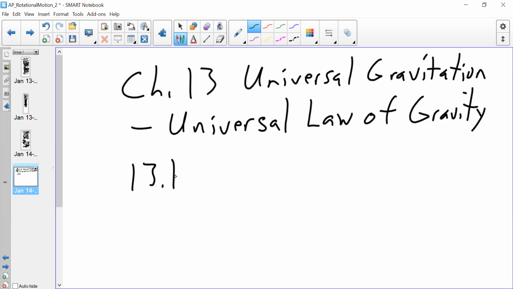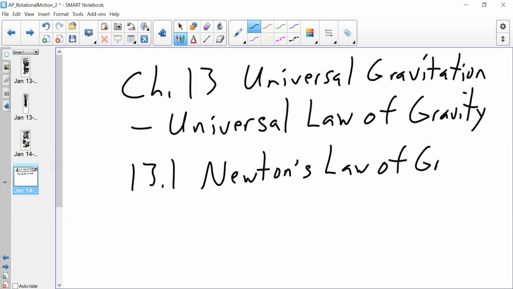So in section 13.1, Newton's law of gravitation.